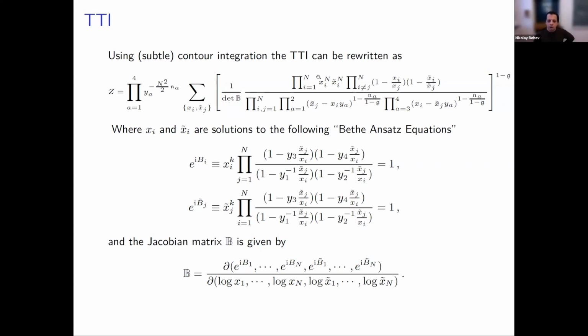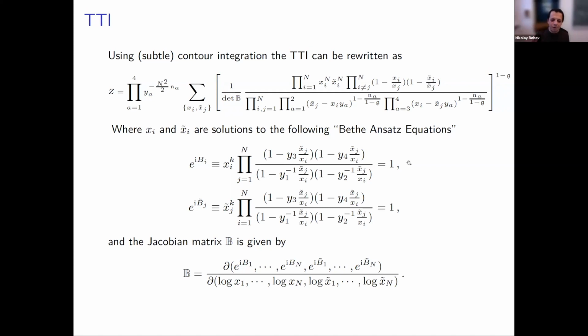The details are not important, but what's important is that there's a conservation of evil. I've given you here a simple expression for the answer as a sum. However, what's hard is to find the residues. To find the residues, you'll have to solve these complicated nonlinear algebraic equations, and for some reason, the authors of the paper called them the Bethe ansatz equations.